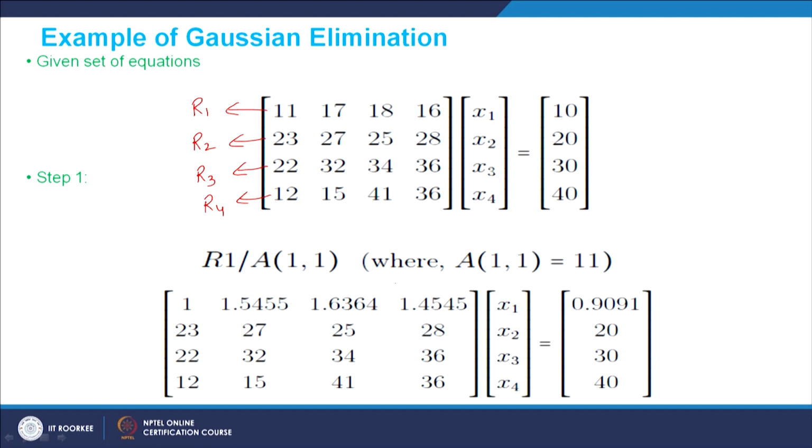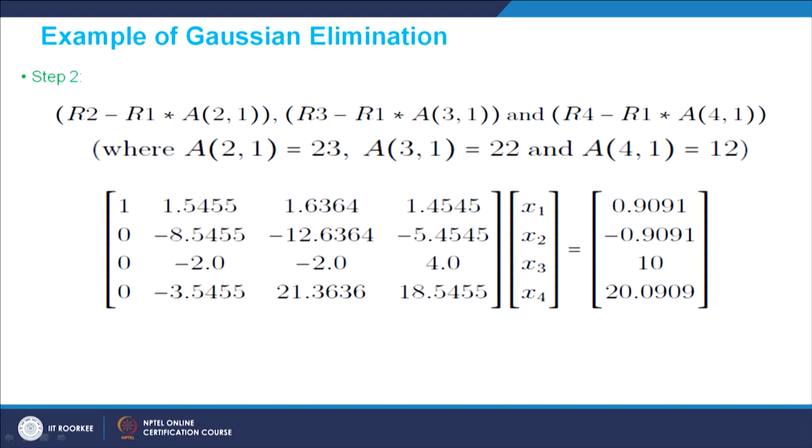When we multiply, this element becomes 23 and this becomes something else. When we subtract them, this becomes 0 and these elements change, and similarly this element also changes.